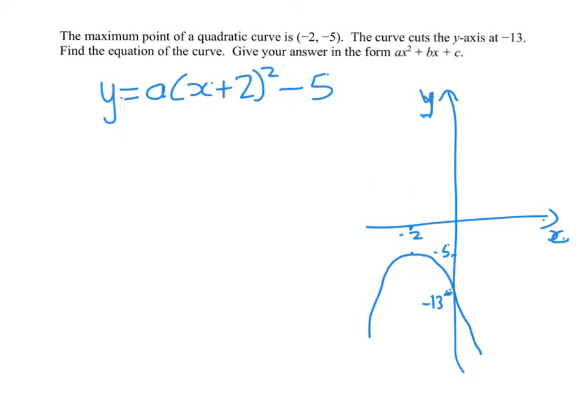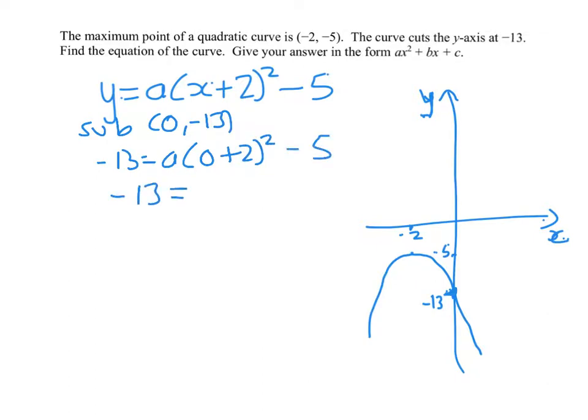Okay, we know it goes through (0, -13). So I'm going to sub in those values. -13 equals a lots of (0 plus 2) squared minus 5.